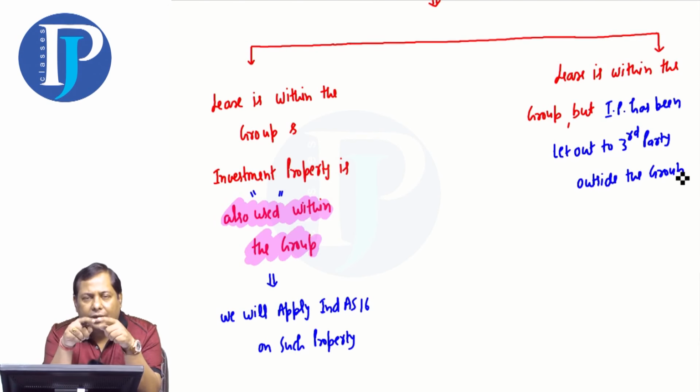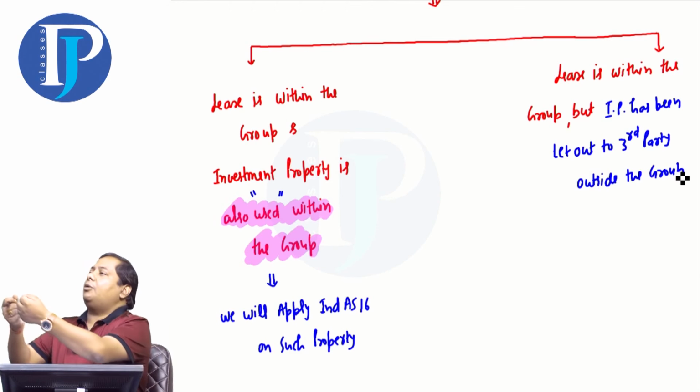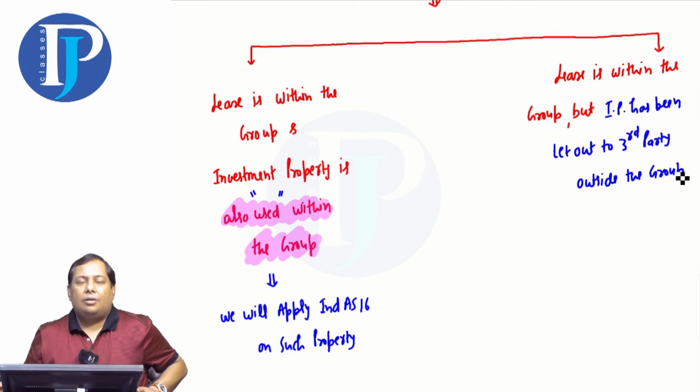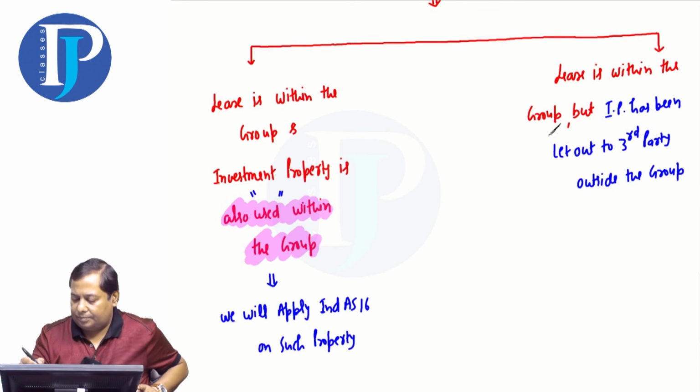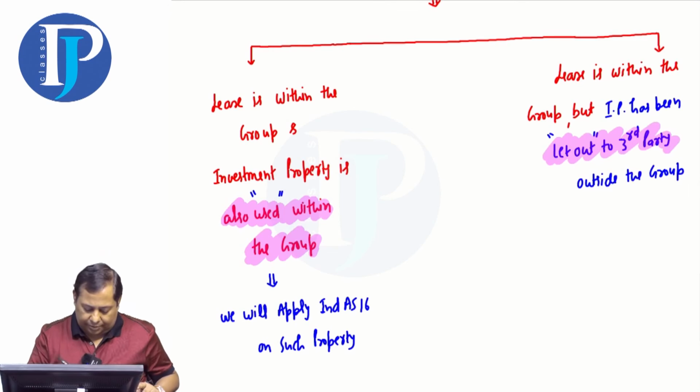Lease was made within the group, but one of your members from the group has acquired that property and gave it to someone outside the group. He let it out. If it's let out, then there are two ways.